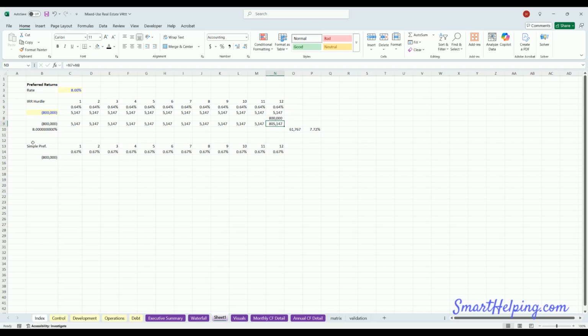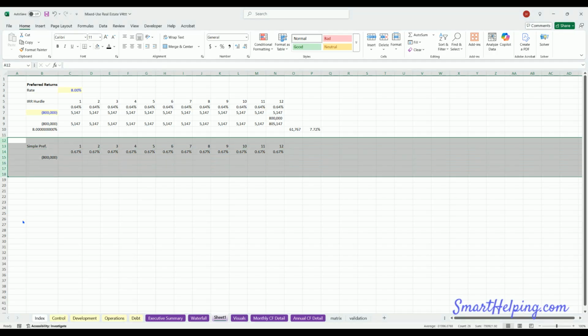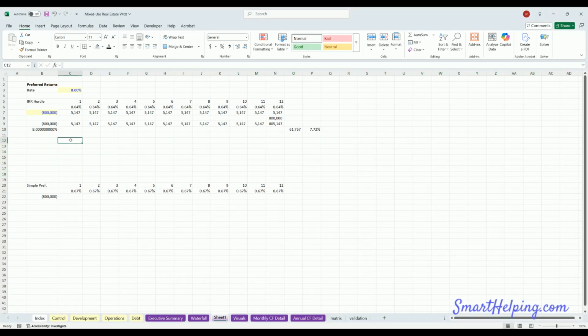Here's another interesting point. Let me show you this. So if we go, let's say you don't get paid. So your balance is, you start with 800,000. The rate due is this plus this amount.